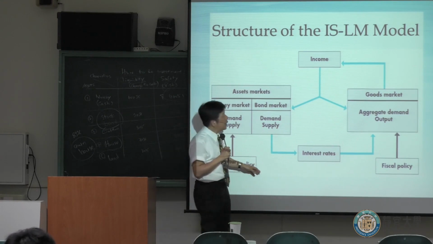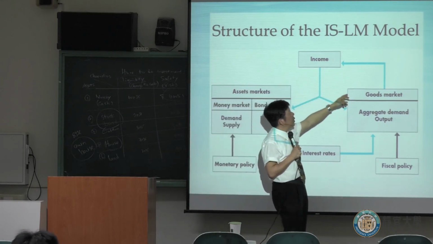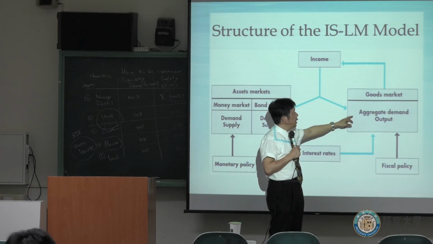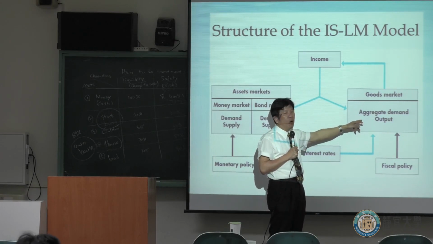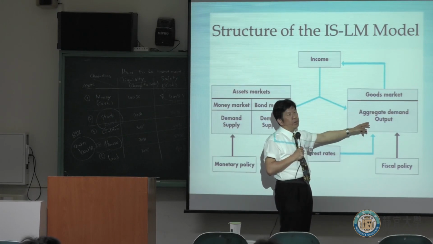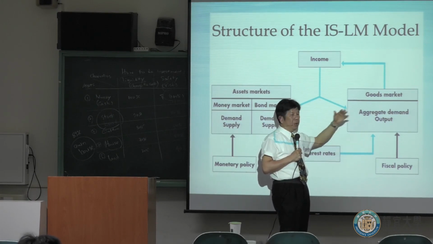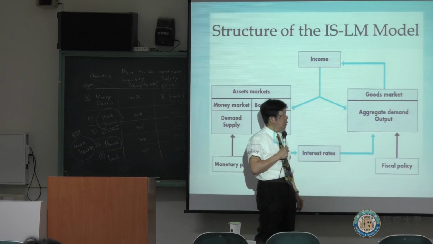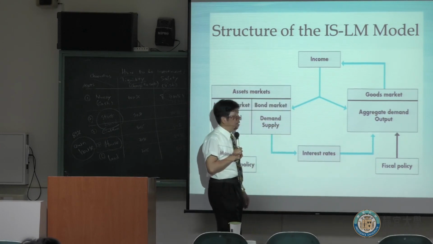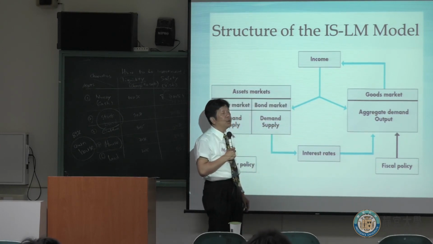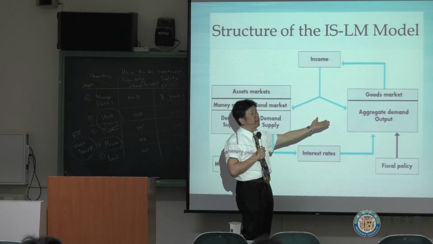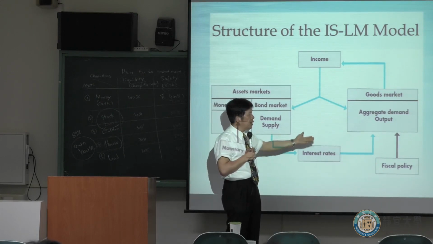The other one is the goods market, where we have aggregate demand and aggregate output. Aggregate output means everything society produces, and then how to share and provide it to society for consumption.